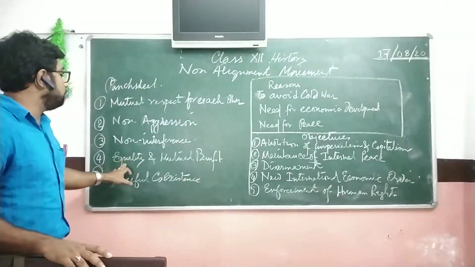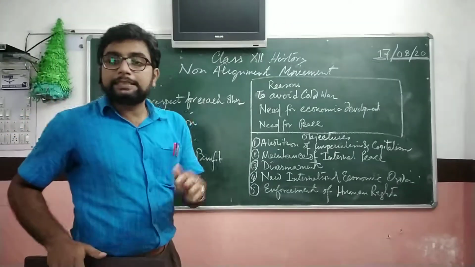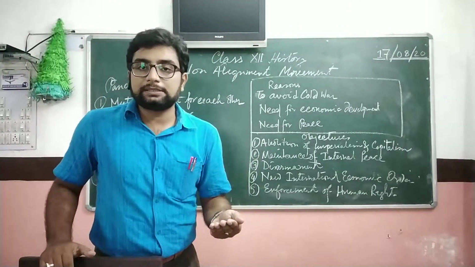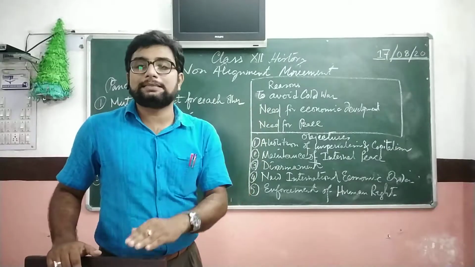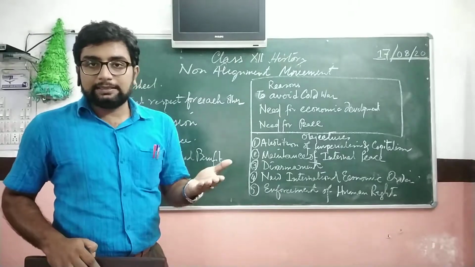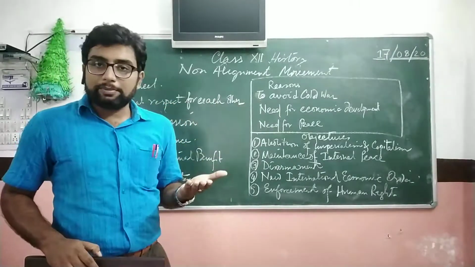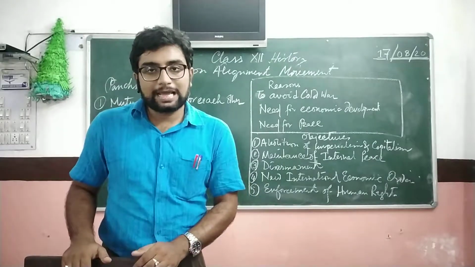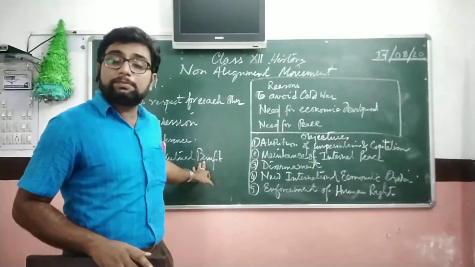Next one, equality and mutual benefit. They will be working shoulder to shoulder. They will be helping each other. There should be an equal balance. Equality in the fields of trading, in the overall economy, and foreign policies, and mutual benefits.